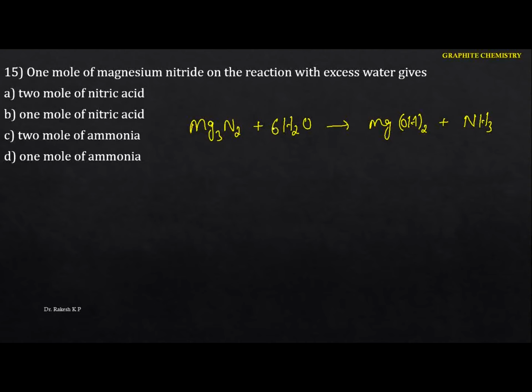Here we require 6H2O. Here it is 3, and here it will be 2. So we got 3 moles of magnesium hydroxide and 2 moles of ammonia. In this case the option is C, because we got 2 moles of ammonia.